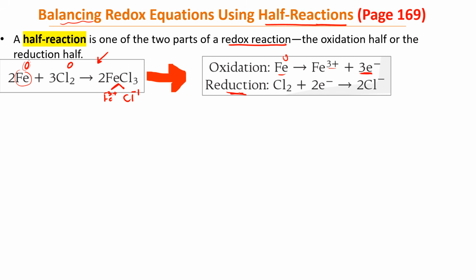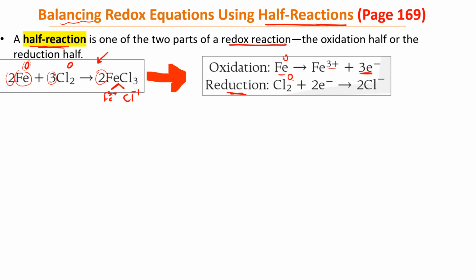Now for reduction, I had Cl2. Notice I didn't write these coefficients, right? I don't need them. We remove the existing coefficients to write the half reaction. Okay? So the charge here was 0 and it became -1.